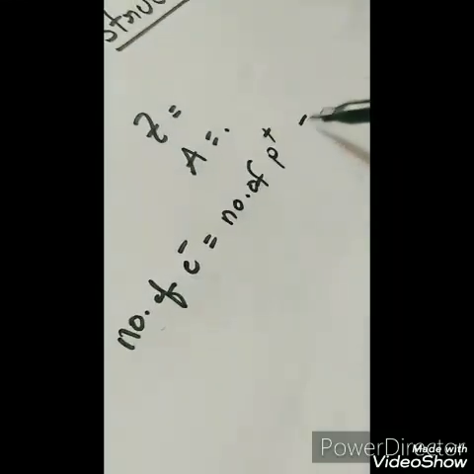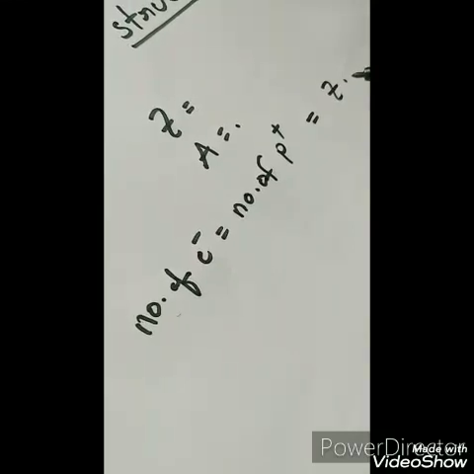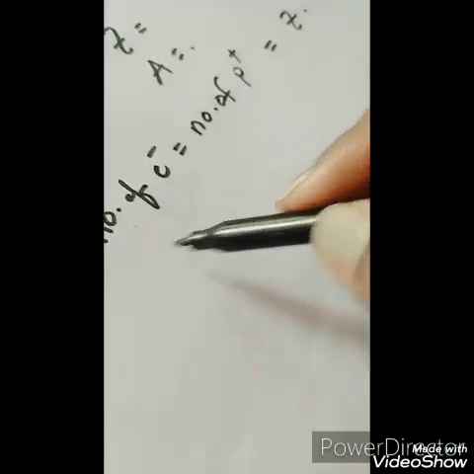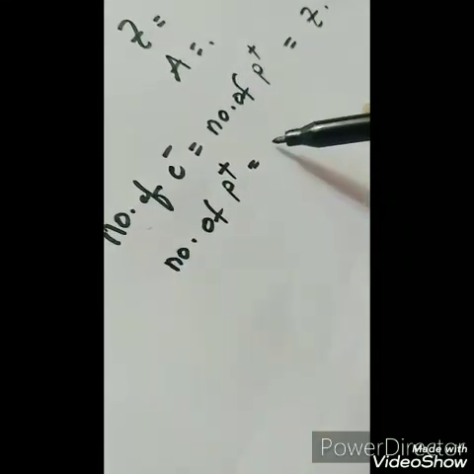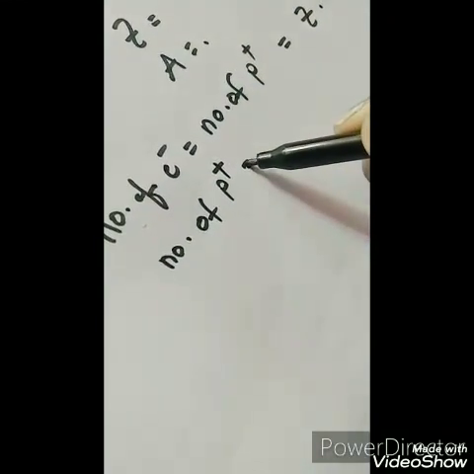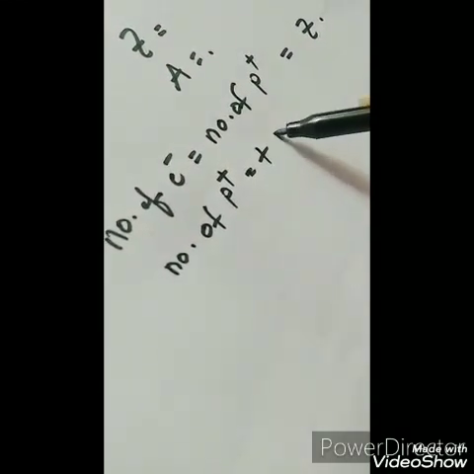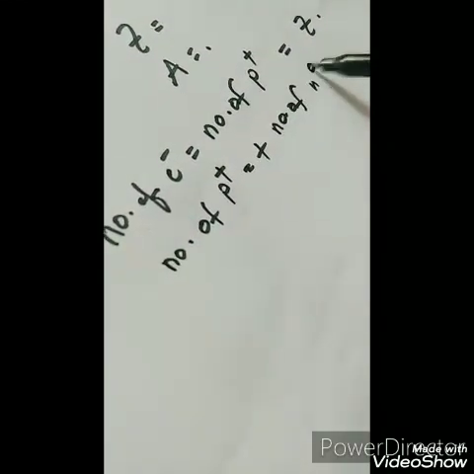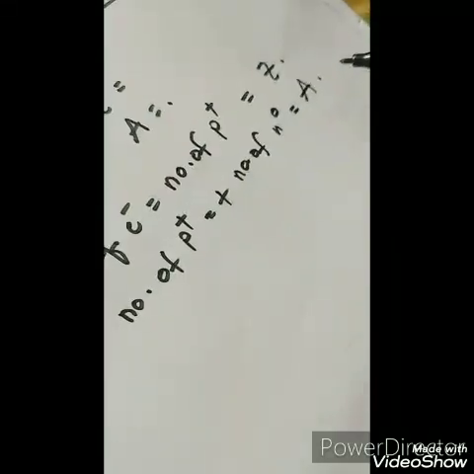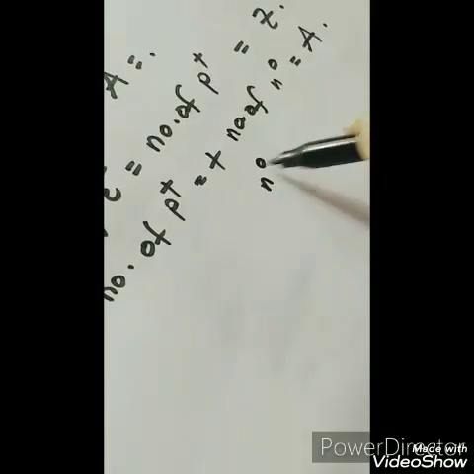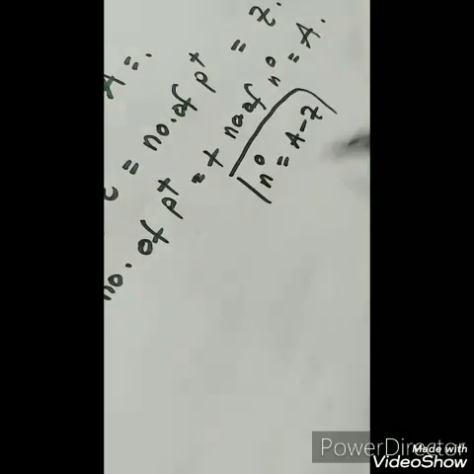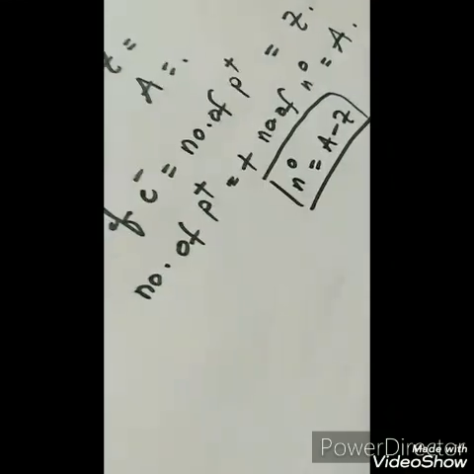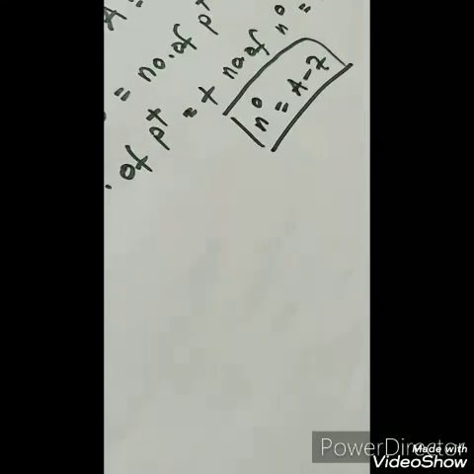Then this indicates Z. Do you understand? And the number of protons and number of neutrons is known as the mass number. Already I said about that formula, A minus Z. Based upon this, we can calculate the number of neutrons.